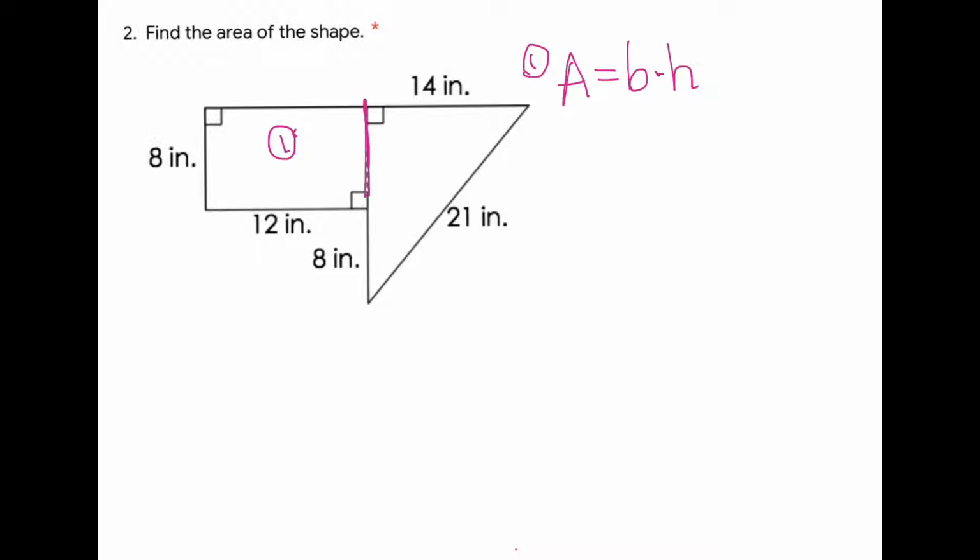Our second step is we need to find the area of shape 2. That is a triangle. We know the area equals our base times our height divided by 2. We have one small issue with this one.